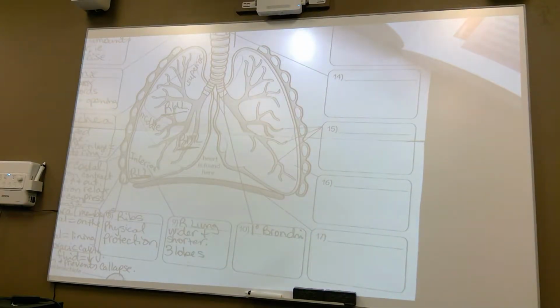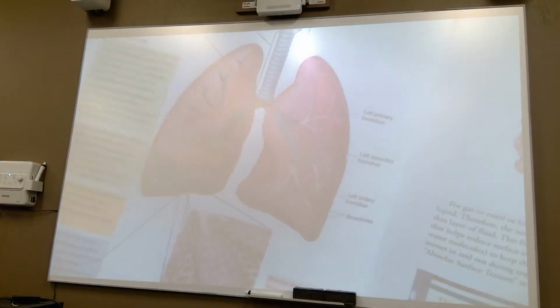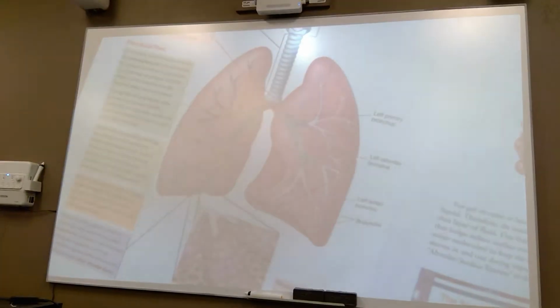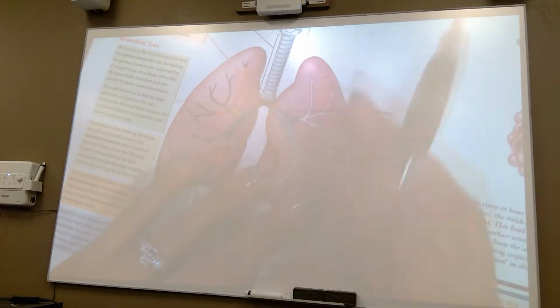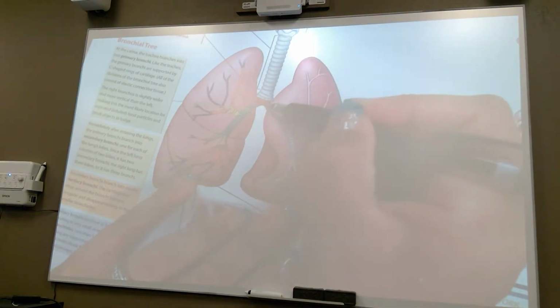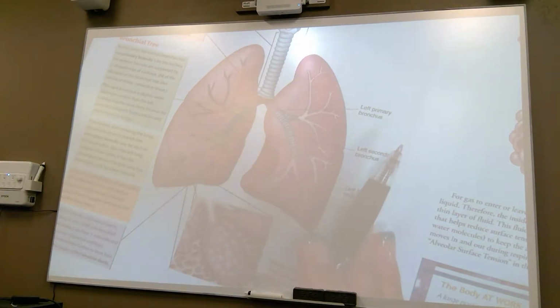I like the picture in your book better than this one, and I'll show you why. Because it shows you the difference in the primary bronchi. If you're looking at this, which one of these primary branches is more vertical, just almost straight down?